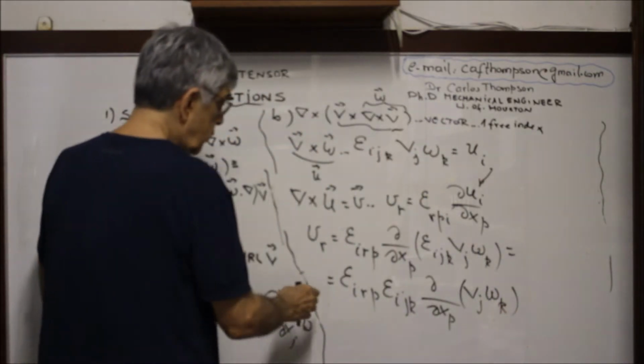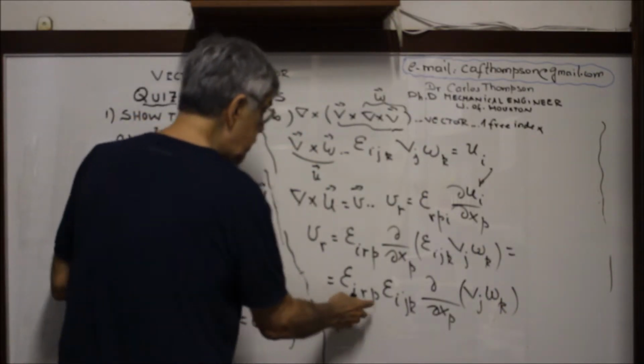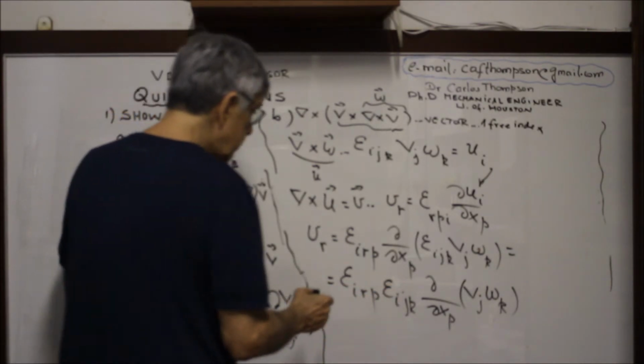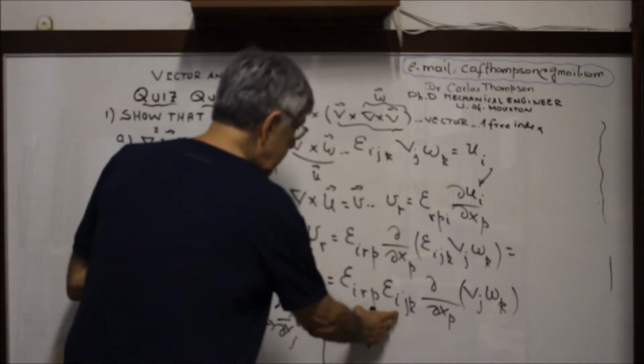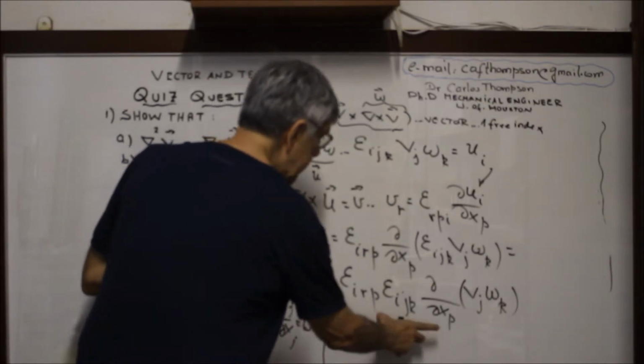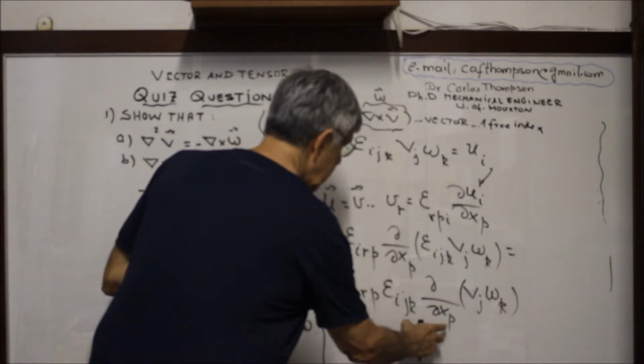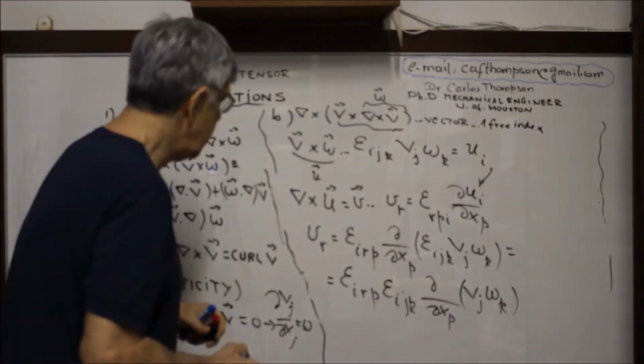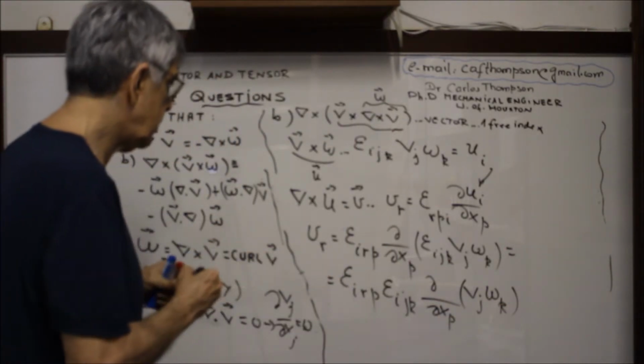The free index here is R. No problem, because i is dummy, P is dummy, j dummy, and k dummy. So this is vR.